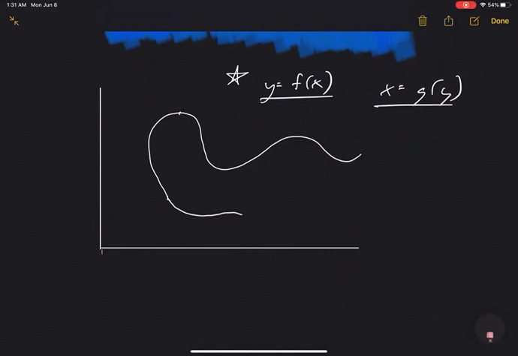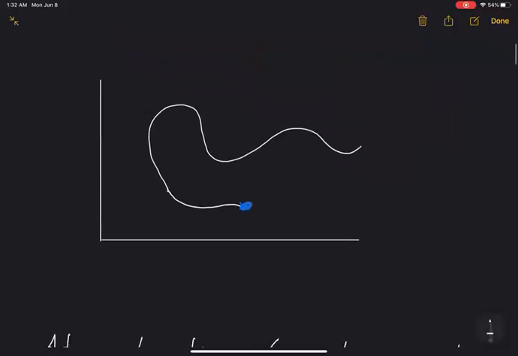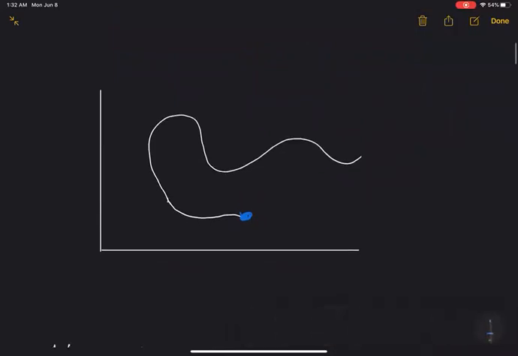So maybe at time 0, I see a car at this blue point. I can think of this as a starting point. And then as time passes, my car moves along the curve. So maybe at time 1, I'm here, and maybe at time 2.5, I'm here, and I keep moving along this curve, all right?